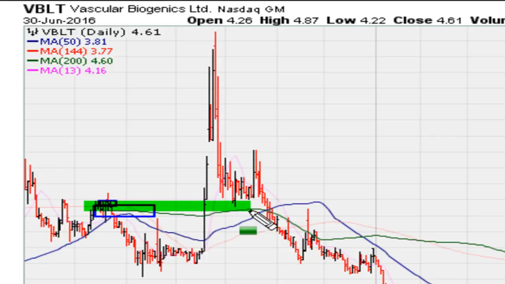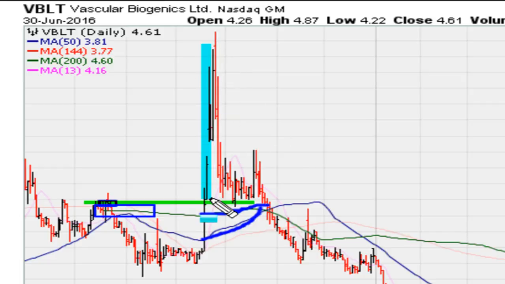Once it moved above that, there was an intention of the moving average coiling up, the 50-day moving average coiling up. There was a slight crossover, but what we are focused on here is this price movement during this breakout. So we are anticipating, and this was correct, that the only way the moving averages would coil to the upside was with a price explosion right there once it moved above that range.